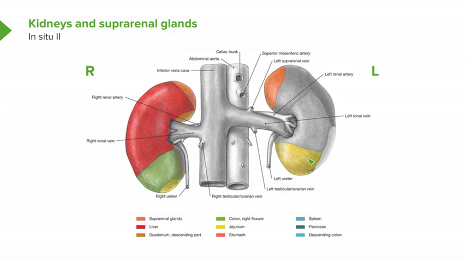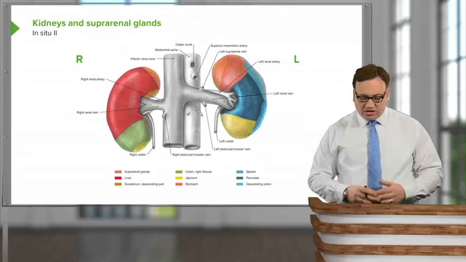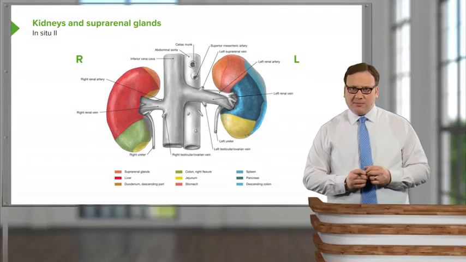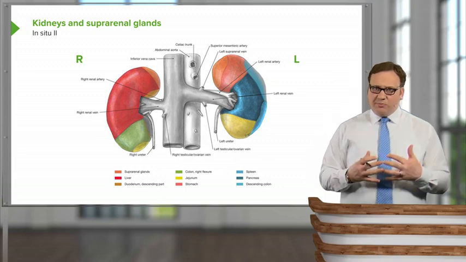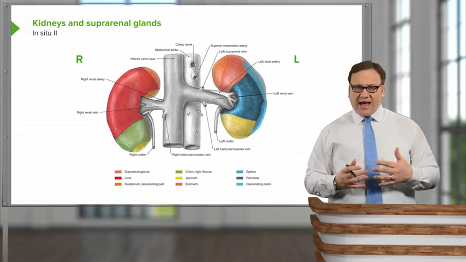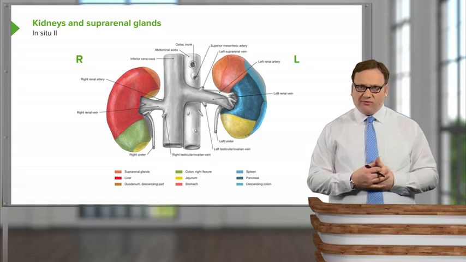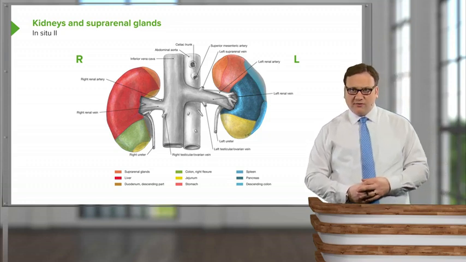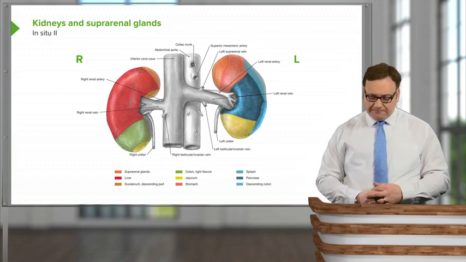And then on this side, on the left, we have the stomach, the spleen, the pancreas, and the descending part of the colon. So these shadings indicate the anterior relations the kidneys have, sitting on the posterior abdominal wall, with those organs. And you can see they're coming into contact with a lot of the organs within the abdomen.